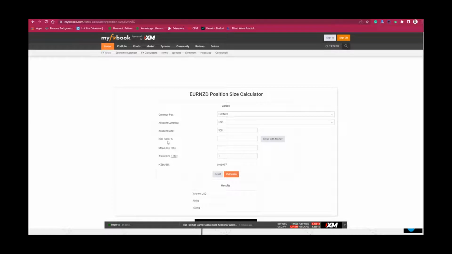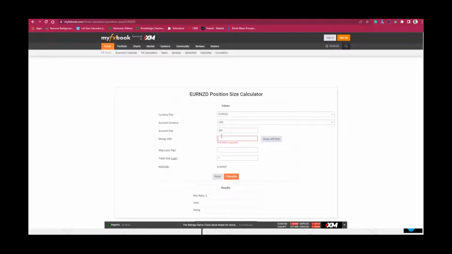Then it asks what percentage of my account I want to risk. Is it 1%? Is it 2, 3, 4, 5? Or I might just swap with money. I might just want to type the money. Let's say you don't know what percentage means. Just put the money there.